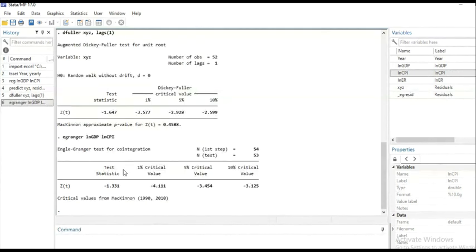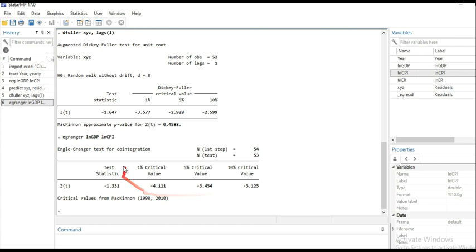Here, interestingly, you will see the reported t-statistic is -1.331, and the critical value at the 1% level is -4.111, at 5% is -3.454, and at 10% is -3.125.